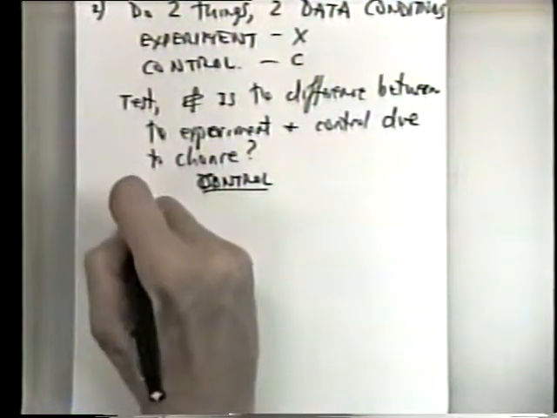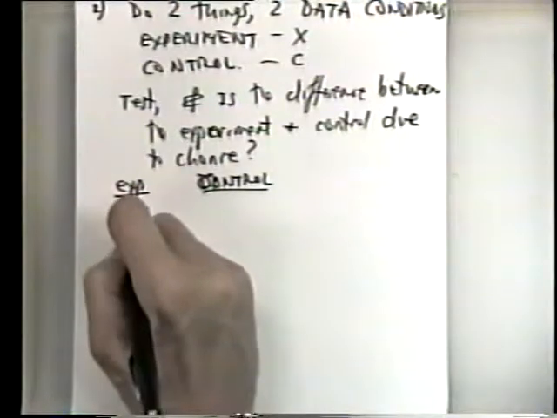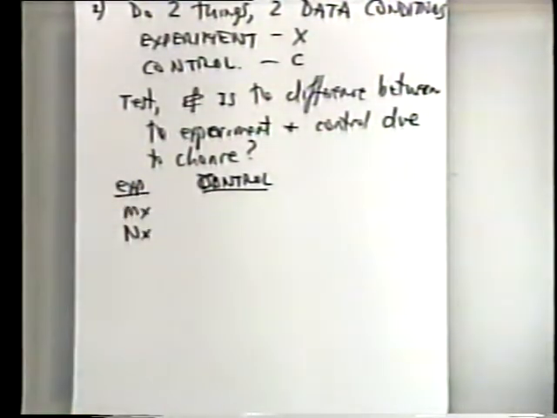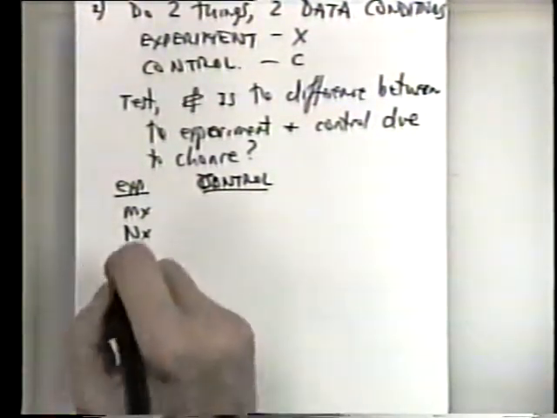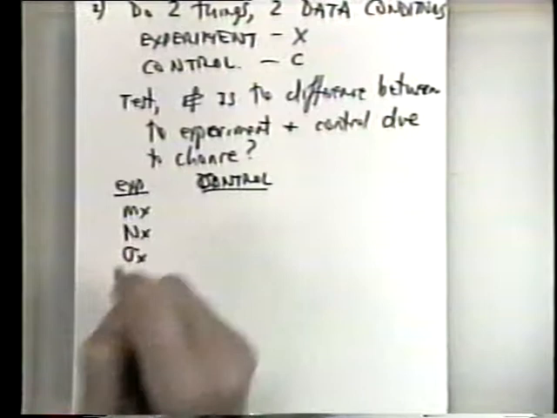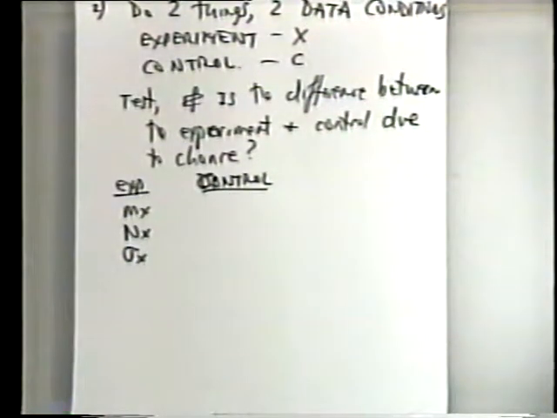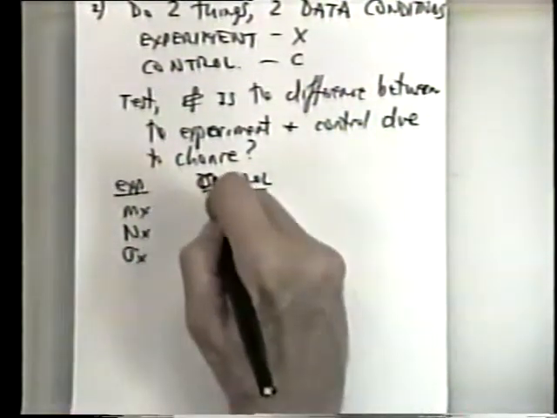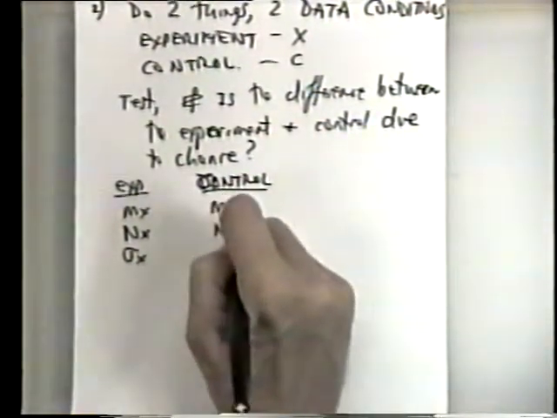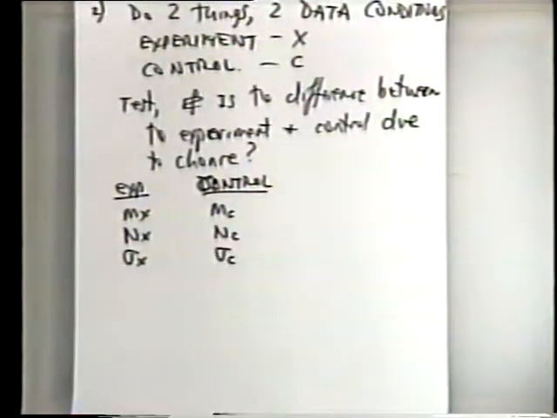From the experiment, we have the mean of the experiment, the number of times we did the experiment, and the variance of the experiment. We know from the control, we have the mean of the control, the number of times we did it, and the variance from that.